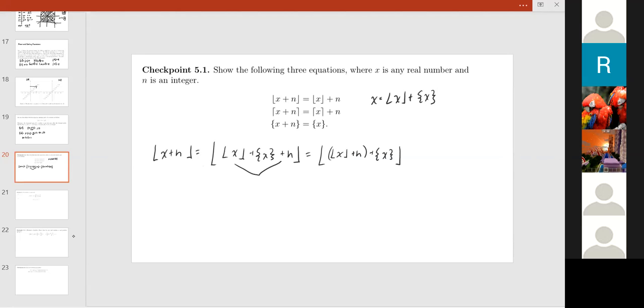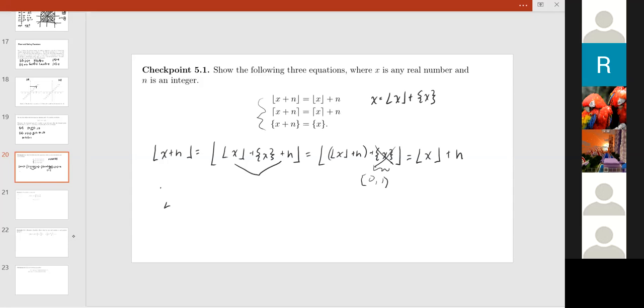And since this fractional part is between 0 and 1, the floor is just going to remove that. So this is equal to the floor of x plus n. The proof of the second one is similar, but we can just try to prove these by looking at examples. Since n is an integer, it kind of just disappears when you do these operations.